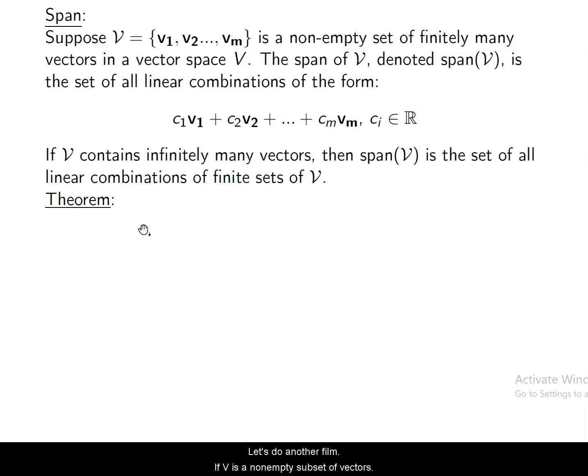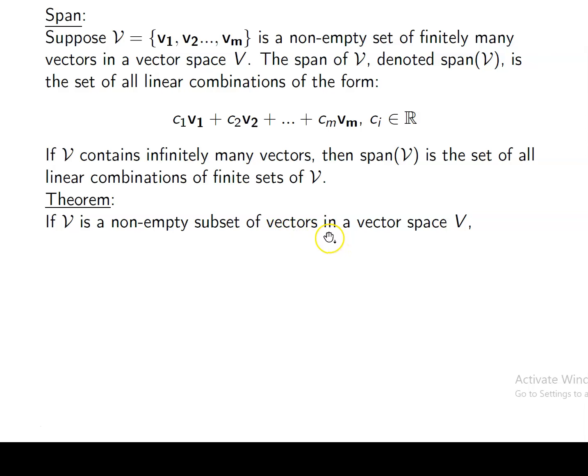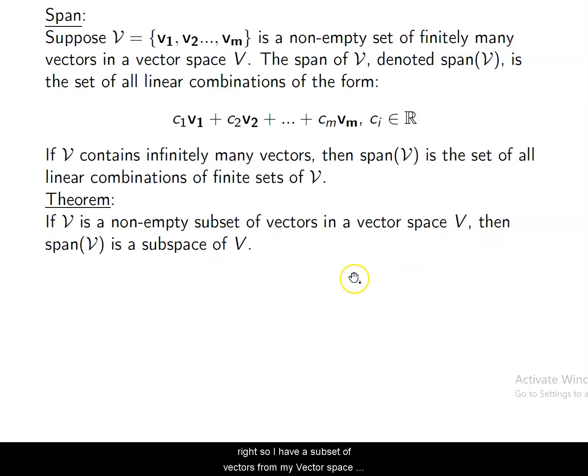Okay, so let's do another theorem. If V is a non-empty subset of vectors in a vector space V, so really just what we had here, a subset of vectors from my vector space, then the span of that set of vectors is a subspace of V. This is nice now, because before, to prove a subspace, we had to go through the 3 axioms: that the 0 vector is inside of that subspace, that it is closed under addition, and that it is closed under scalar multiplication.